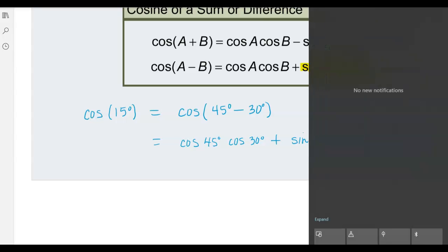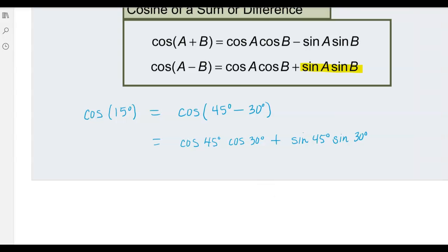Now what I do is I think about the values that I know for each of these. I know that the cosine of 45 degrees is square root of 2 over 2. The cosine of 30 degrees is square root of 3 over 2.